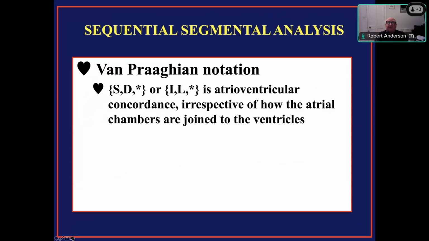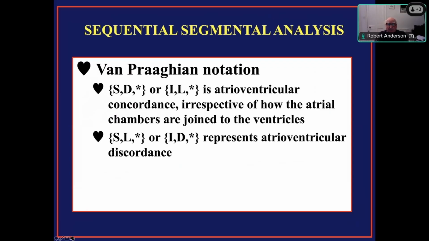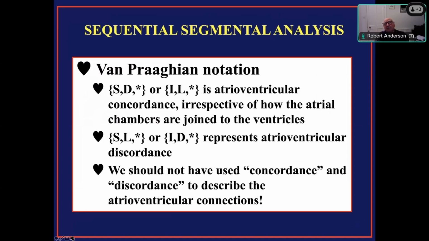So if a patient had double inlet left ventricle with SD, that was still a concordant arrangement. But in most instances, as you know, when you have double inlet left ventricle, you have SL. And that for Richard van Praagh was atrioventricular discordance, but we wanted specifically to distinguish that as double inlet left ventricle.